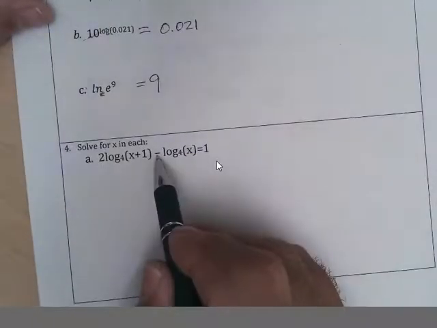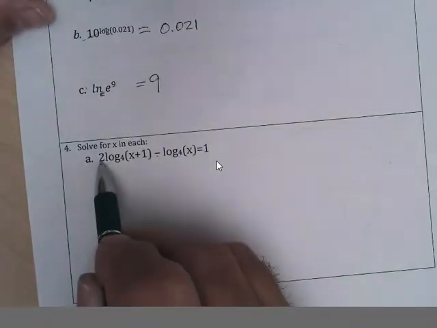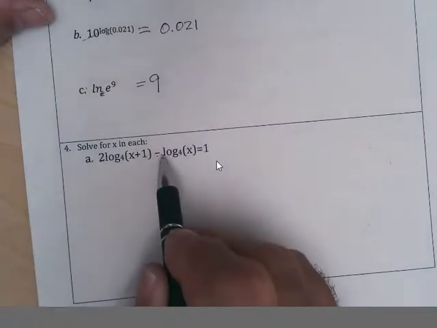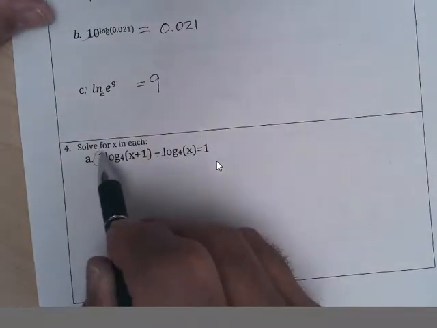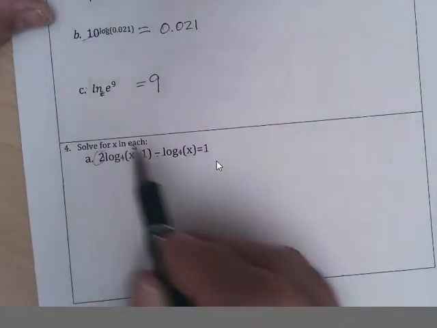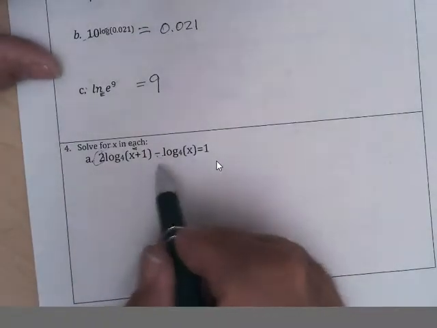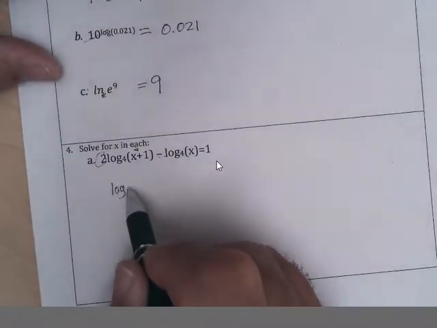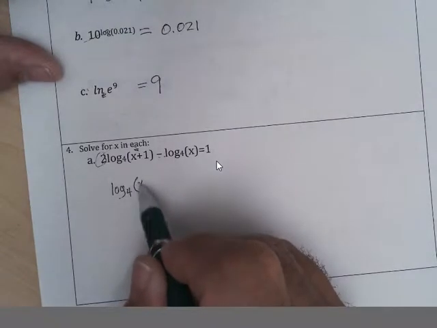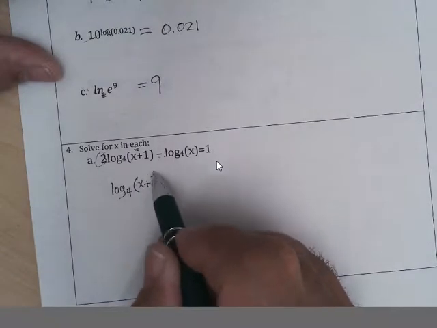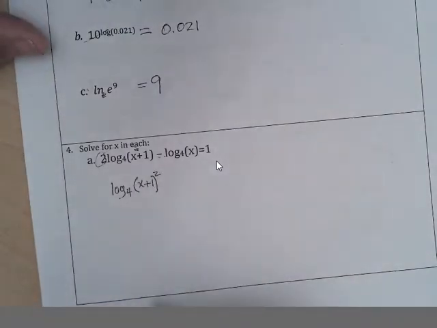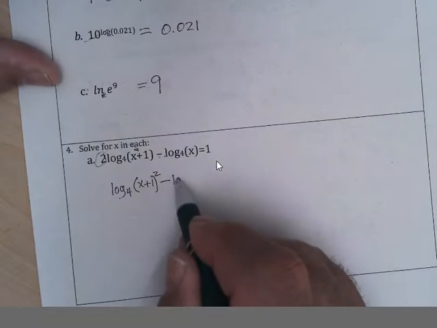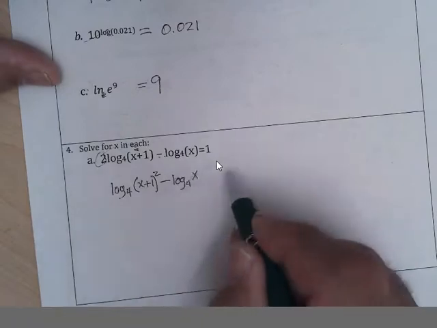When you subtract logs, you divide, but we can't do that when there's a 2 on that and not here. So we've got to move the 2 up as a power. And I saw some people turning this in, saying they then write it as x plus 1, whole thing squared, minus log base 4 of x.